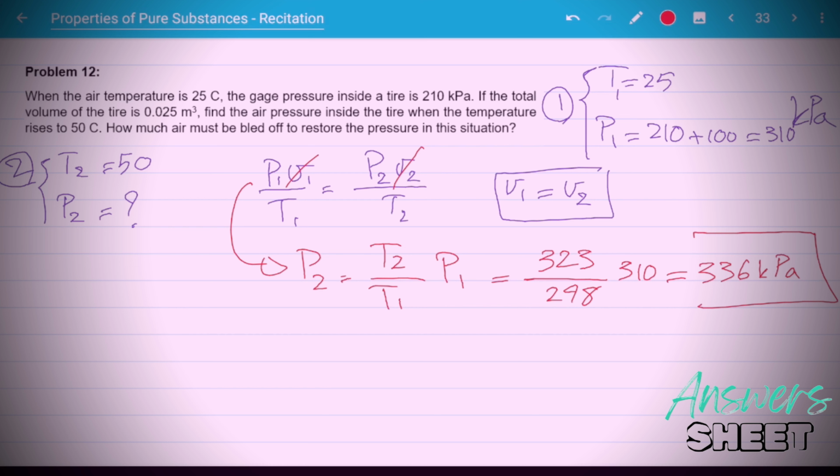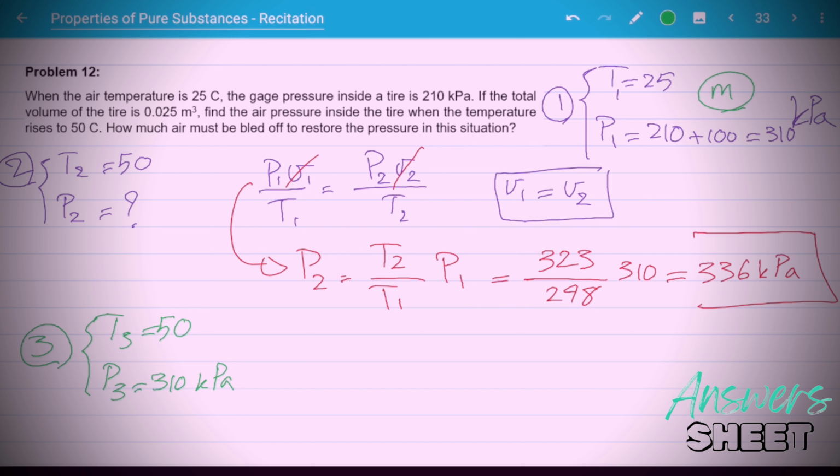Now, for the final part of the problem, we want to bleed off some air to restore the pressure to initial pressure. So this final state, I'm going to show it with 3, this new final state. The temperature is going to be 50 degrees, but the desired pressure is going to be 310 kilopascals again. So first, let's start by finding the mass initially.